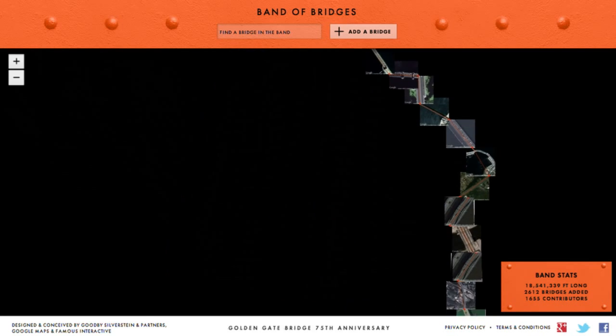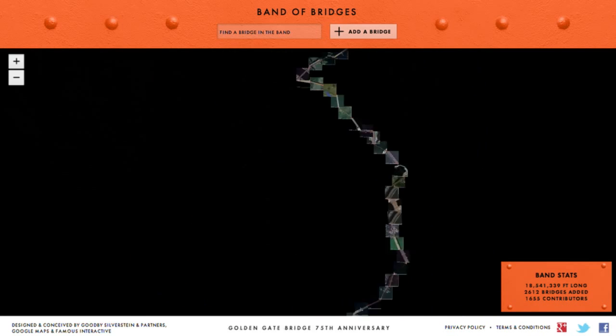And also moving over the different tiles of bridges in this snake, you can see the users' social media accounts and what they logged in with to share this, whether it was Google or Twitter or Facebook. And that should be it. Yep. So we just saw a series of bridges being built and the total length of the bridges as it was added.